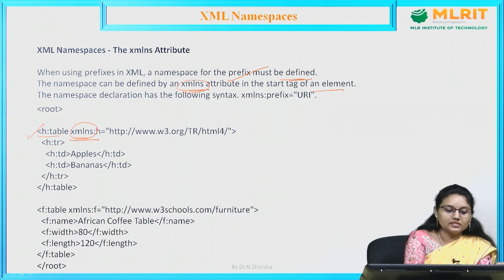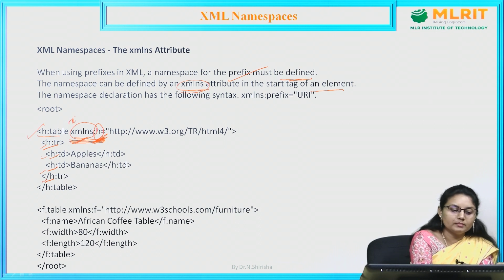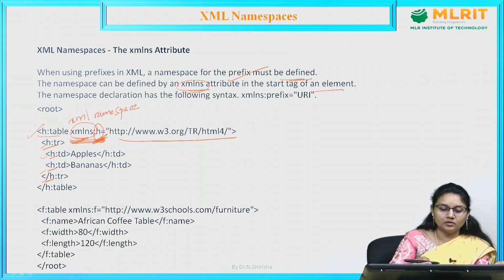So you have to give the attribute. What is the syntax? xmlns colon prefix. So this prefix is used everywhere. H. What is this H? It is nothing but a prefix of your XML namespace. Here xmlns is nothing but XML namespace. So you are going to give some part here.